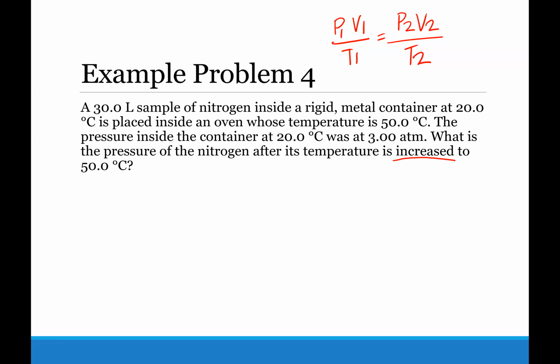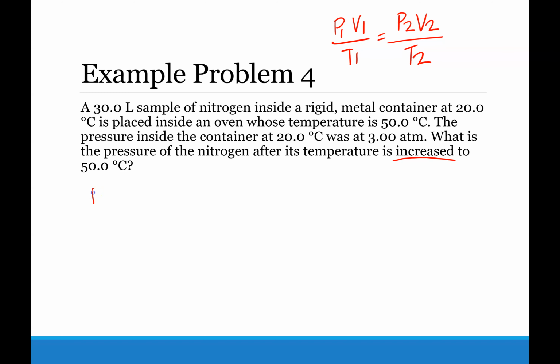Before the nitrogen is placed inside of the oven, its temperature was 20 degrees Celsius. And then it heated up, which caused the pressure to change inside of the nitrogen container.